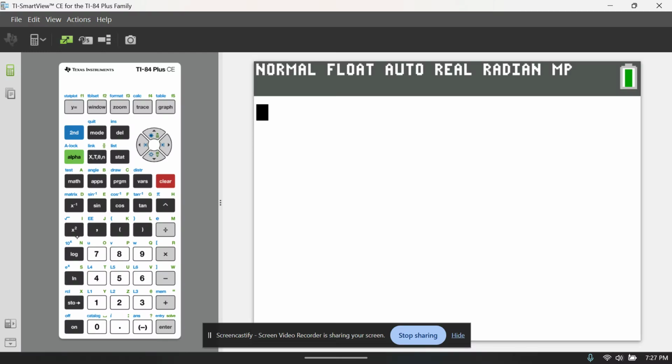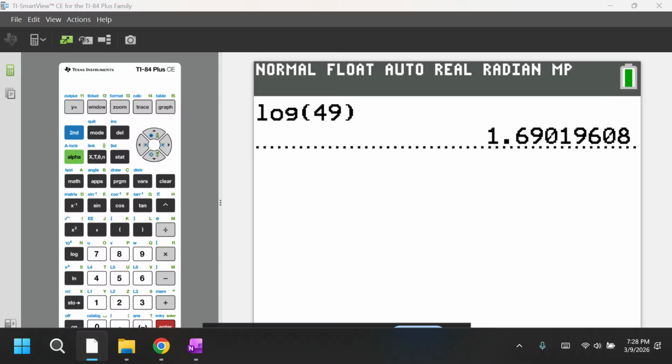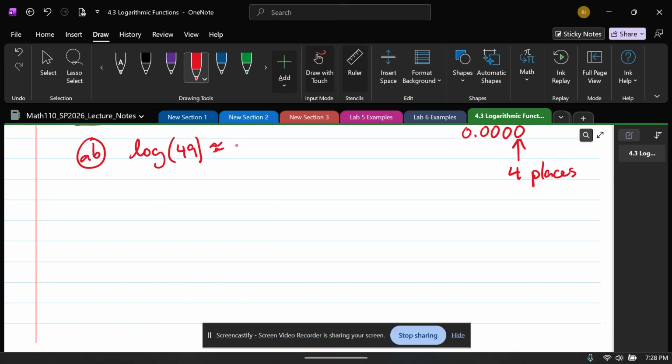Log, and then 49. Hit enter. Go 4 decimal places. So I look at the 9 that's after the 1. That's 5 or bigger, so it's going up. So 1.6902 is what it rounds to be. So approximately 1.6902.